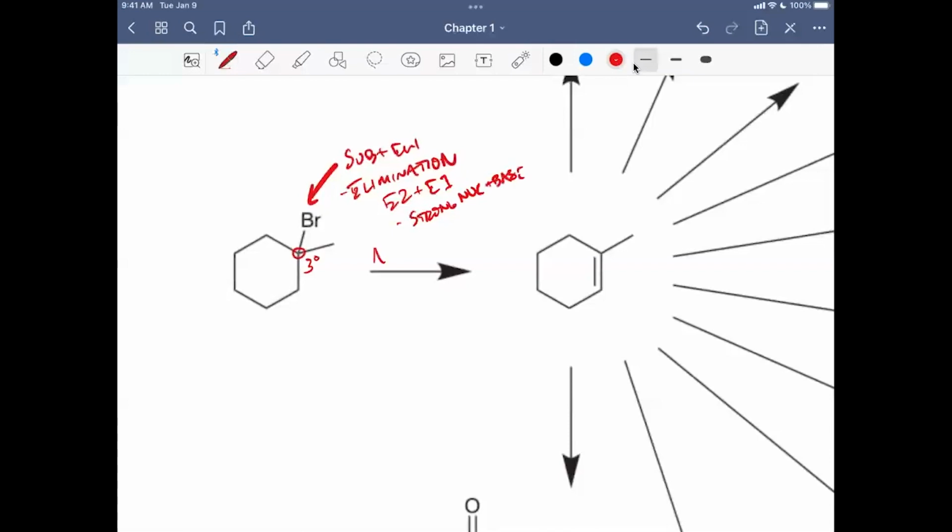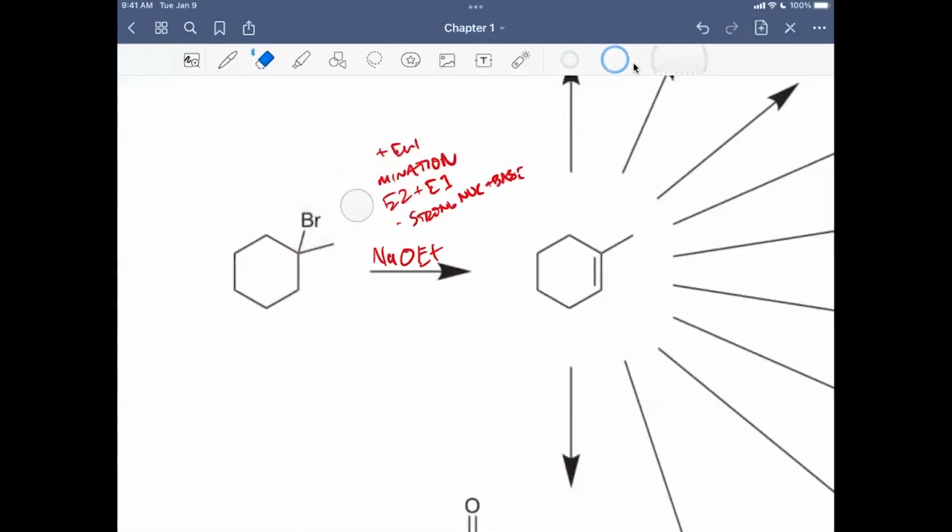So anything that has a negative charge, so we could do NaOEt, we could do NaOMe, we could do NaOH, we could do any of those. So I'll just stick with that first one, and that would make that bromine go into that double bond. So that's that first one.